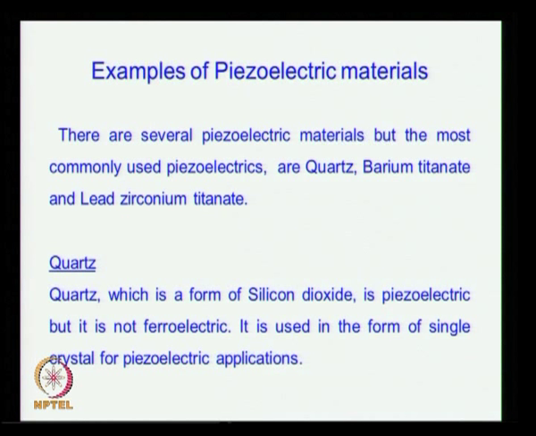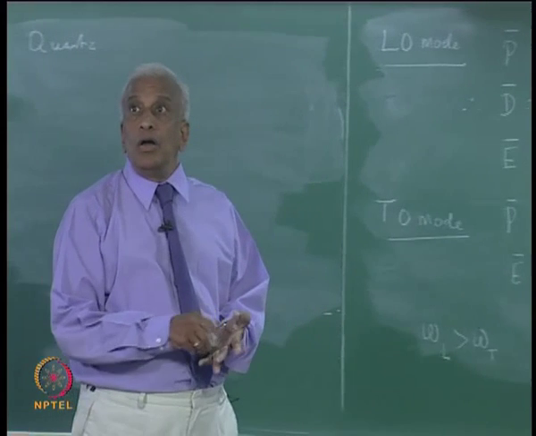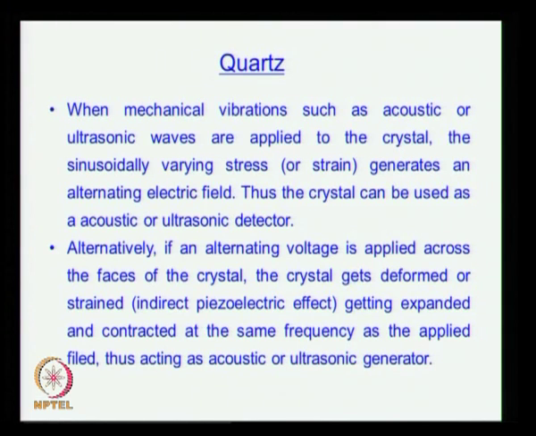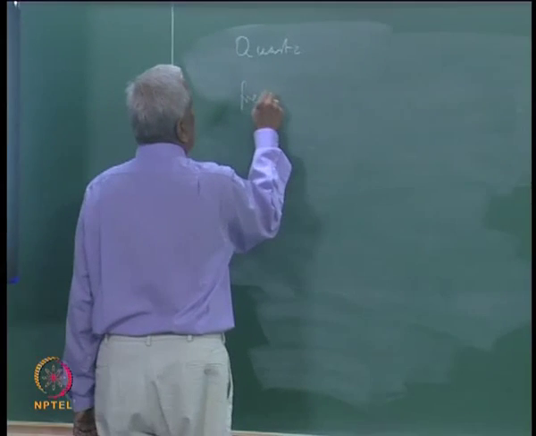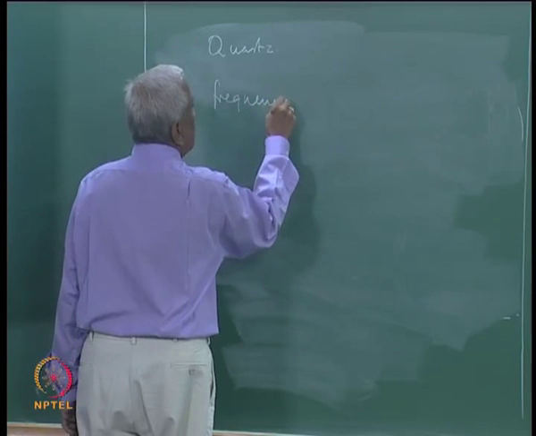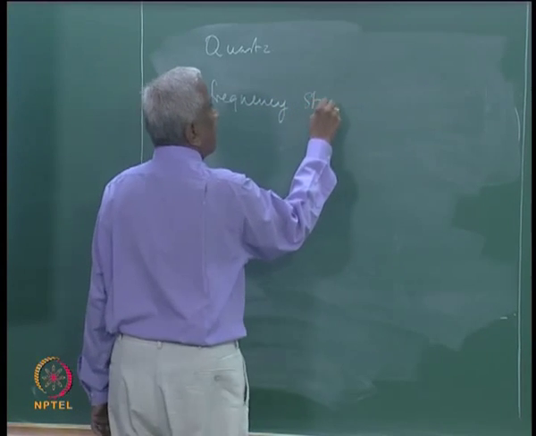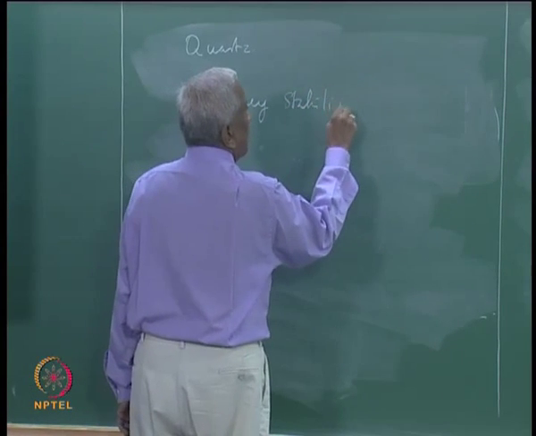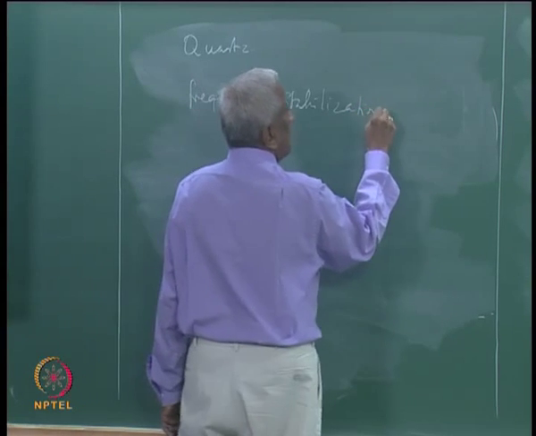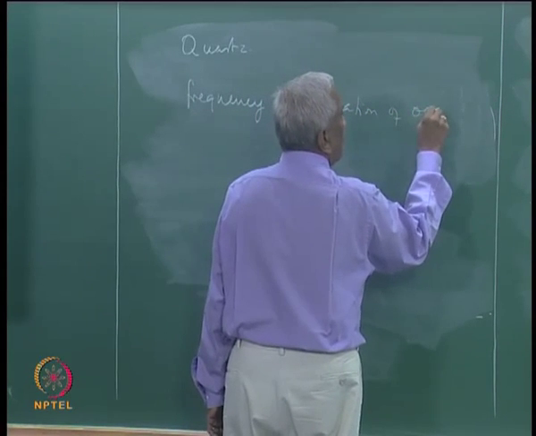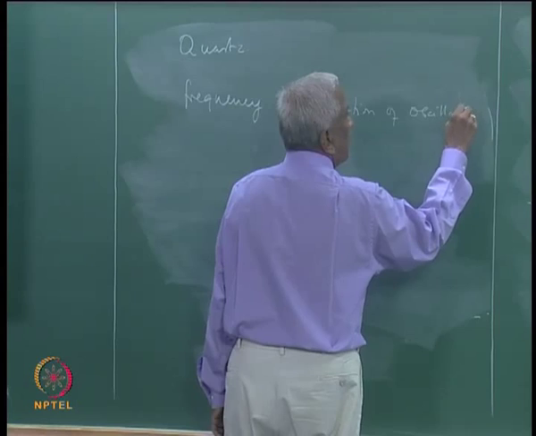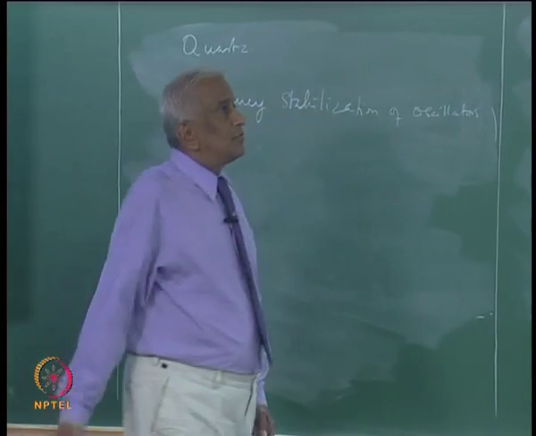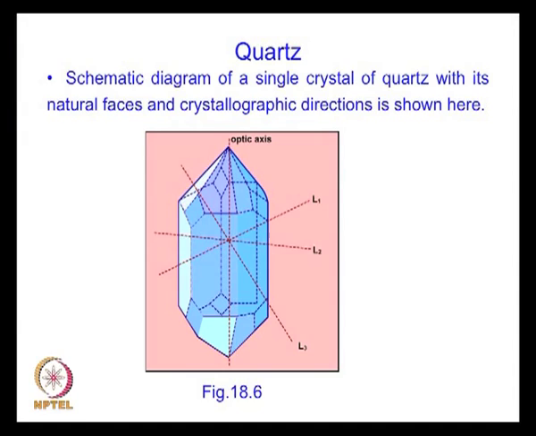It can be used in the form of a single crystal, and this is used very often in frequency stabilization of oscillators. A piezoelectric quartz crystal of appropriate cut gives you frequency stabilization.